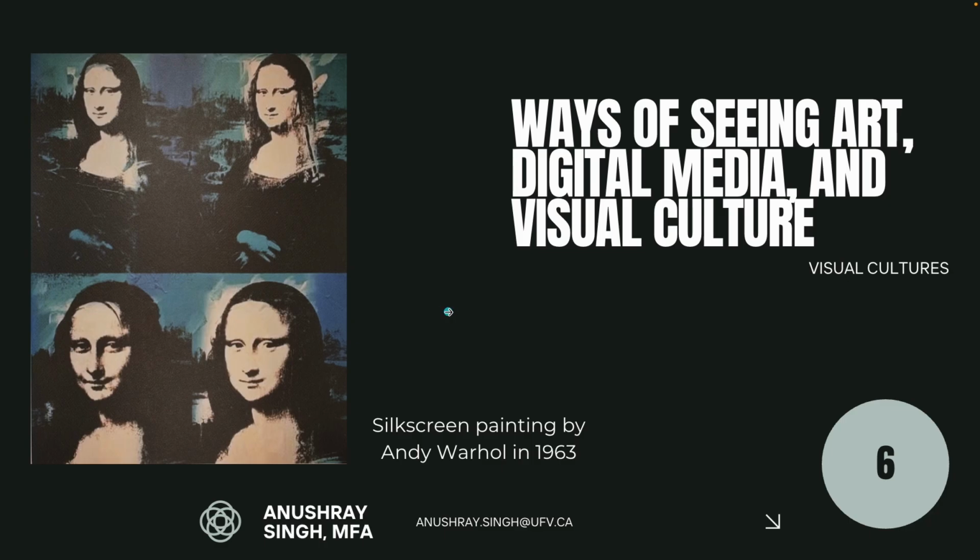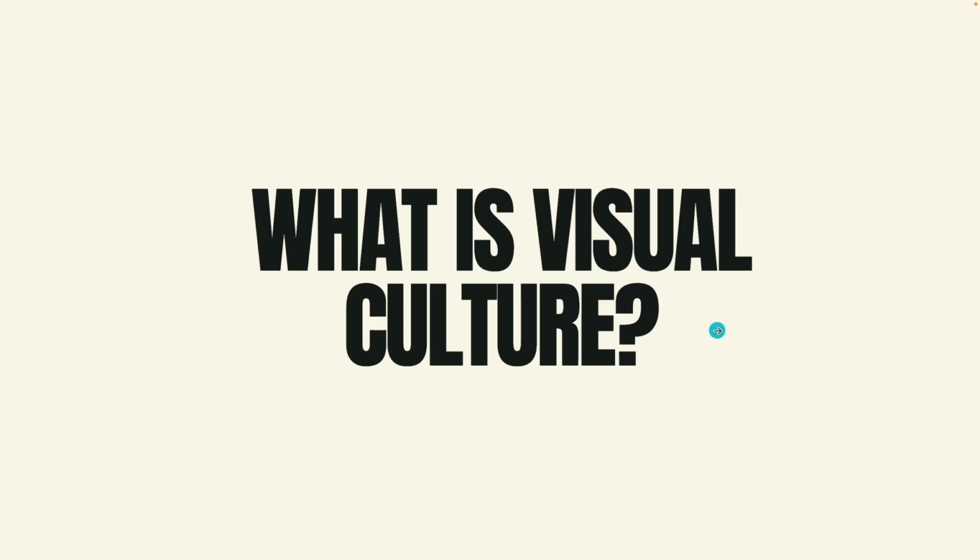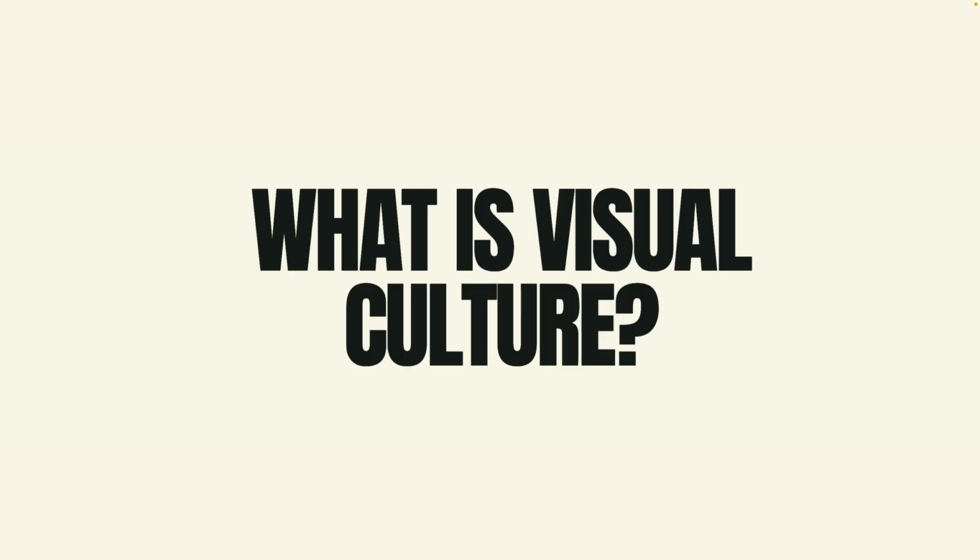If people are not familiar with Andy Warhol, I feel this is a great lecture to jump into his eccentric way of responding to a lot of art and culture and visual ideas that has shaped a lot of decades, specifically the 60s, 70s, and leading up to the digital modern age of the 2000s. All right, so the first question that I pose to everyone is, what is visual culture?